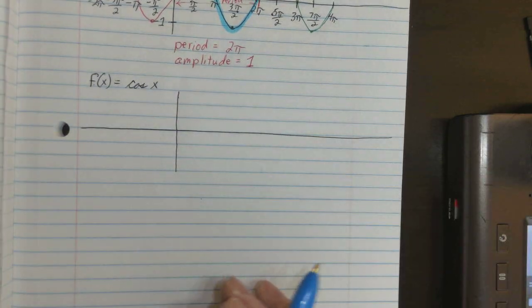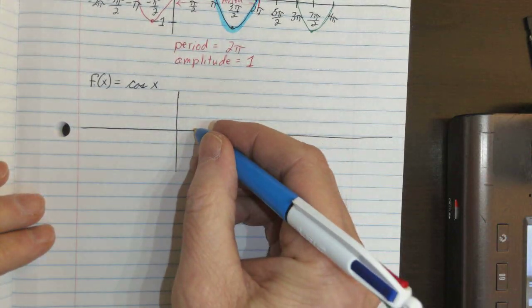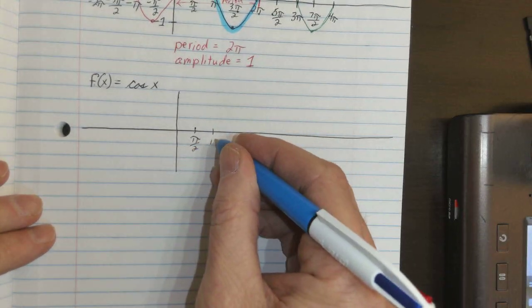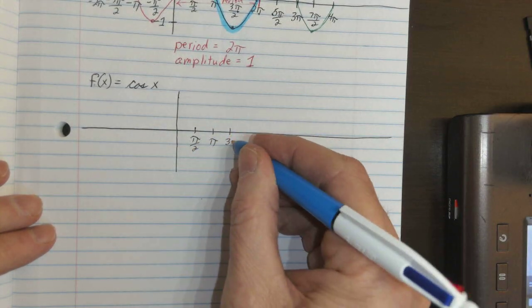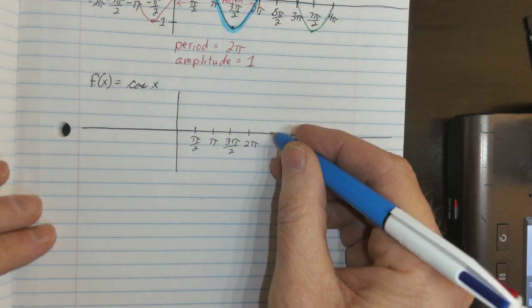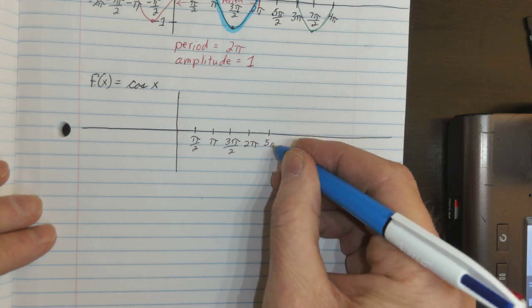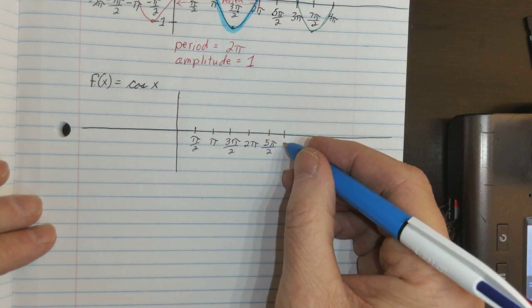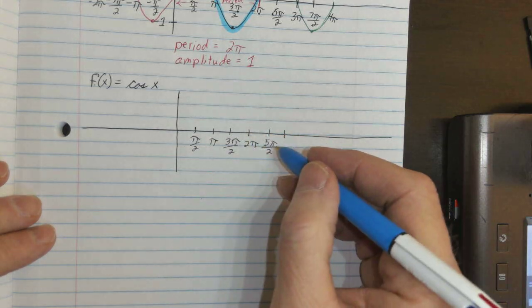Okay, and pi over 2, pi, 3 pi over 2, 2 pi, 5 pi over 2. I'm going to stop at 2 pi first.